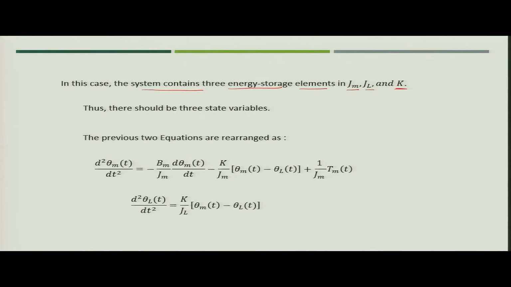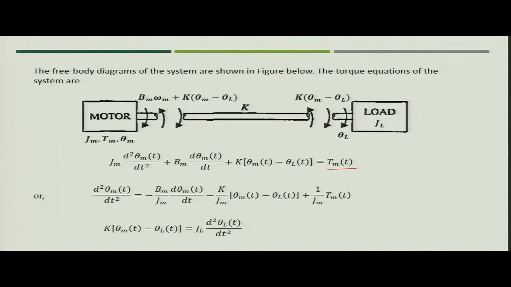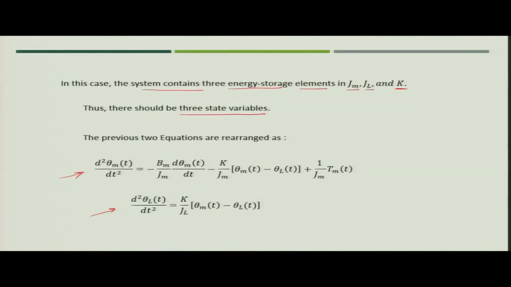So, what we will do? We will define 3 state variables in this case. The equations which we just saw from the motor side and the load side free body diagrams, we came with these 2 equations: d2 theta m by dt2 equals minus Bm by Jm d theta m by dt minus K by Jm (theta m minus theta L) plus 1 by Jm Tm.